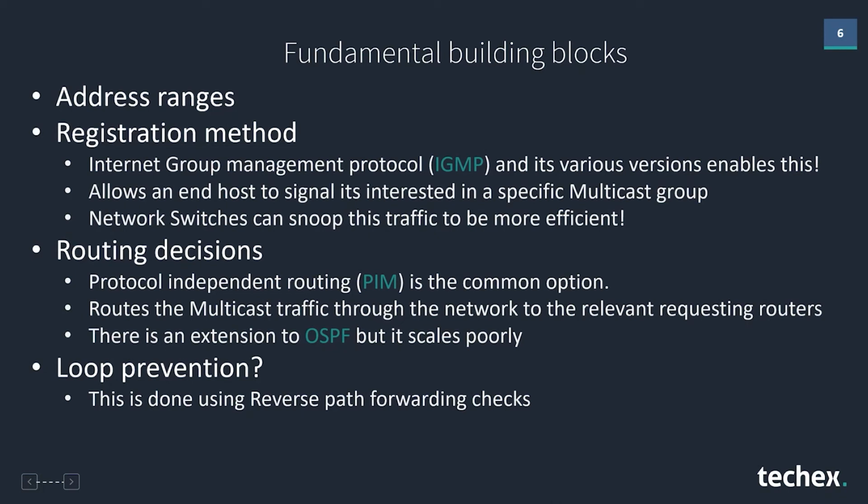It does a normal unicast routing lookup for that source IP, and then says, where can I reach that from? What port is it? Oh, it's port 1. Did I receive the traffic from port 1? Yes. Okay, accept. If I received it from port 2, block that traffic, drop it. That's the whole concept of RPF checks, or reverse path forwarding.